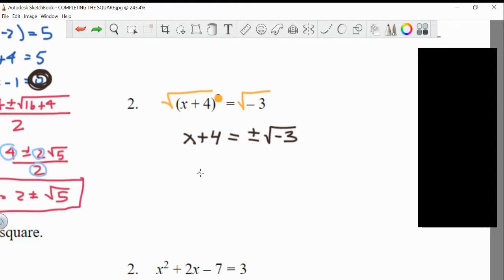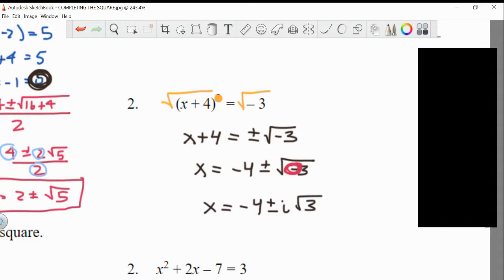Now we're just going to subtract the 4, and we're going to get x equals negative 4 plus or minus square root negative 3. And of course, you guys are thinking, well, wait a second, you can't do the square root of a negative. And so you're absolutely right. The real answer would be negative 4 plus or minus i square root 3, okay?